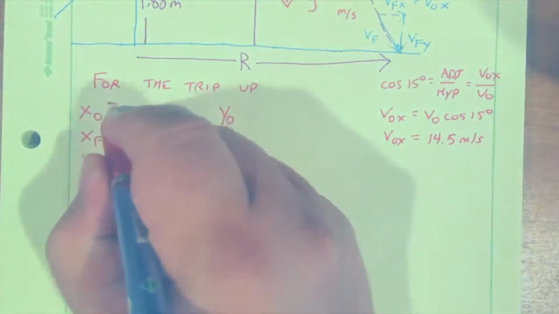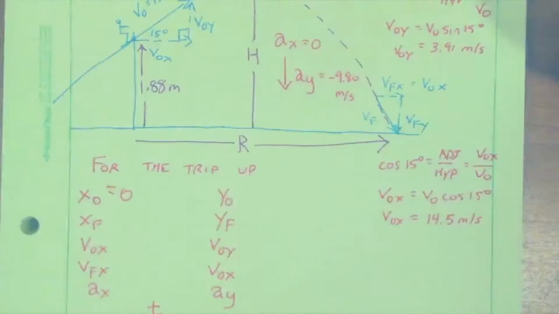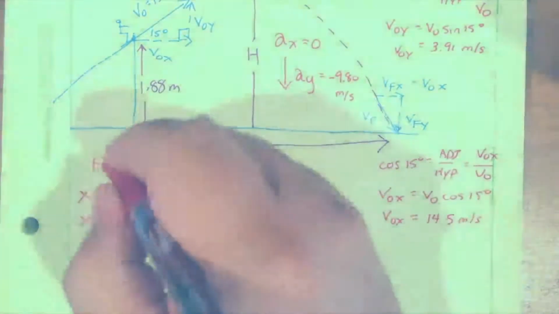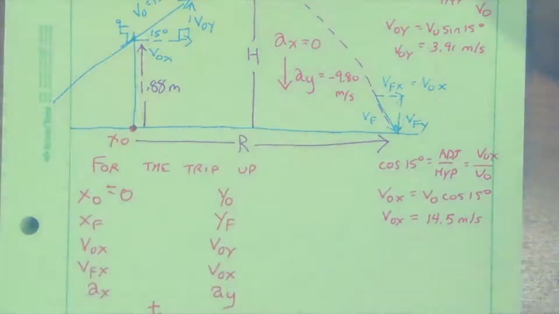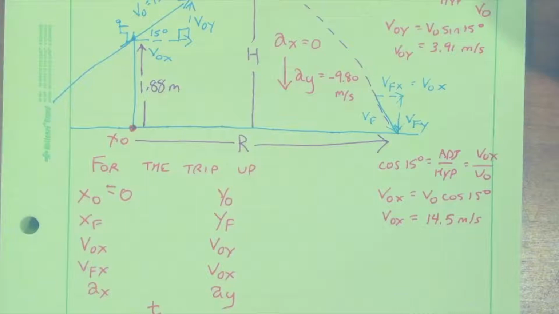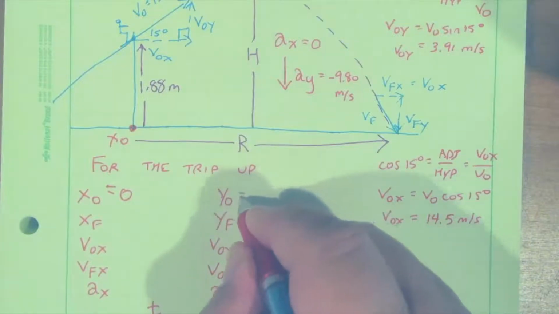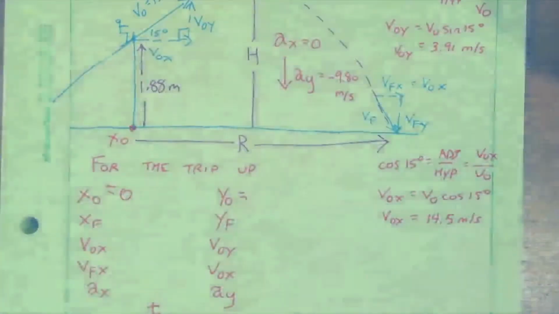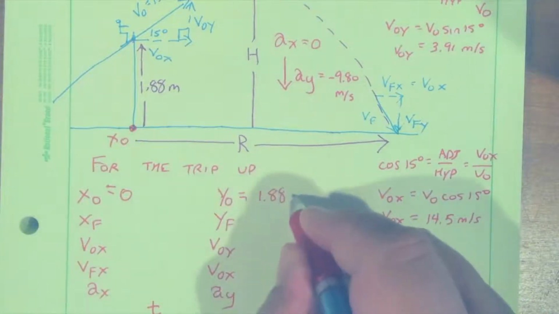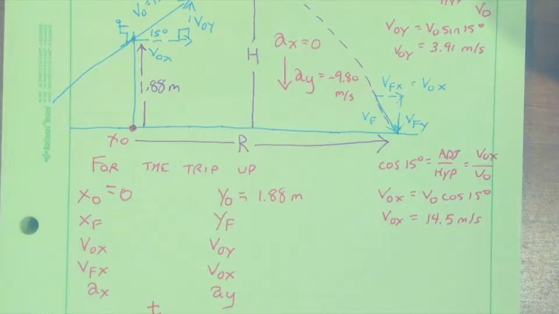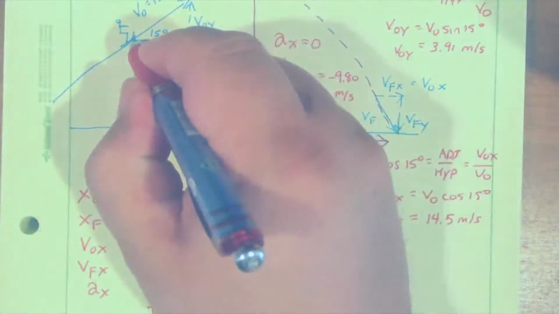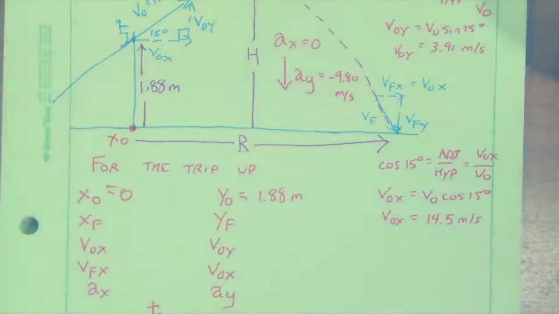We will call the initial x position, in other words, right there, that's x naught, and we'll call that 0. And that means our initial y position, however, is up here at the top of the ramp, which is 1.88 meters. So our initial x position is 0. Our initial y position is 1.88 meters.